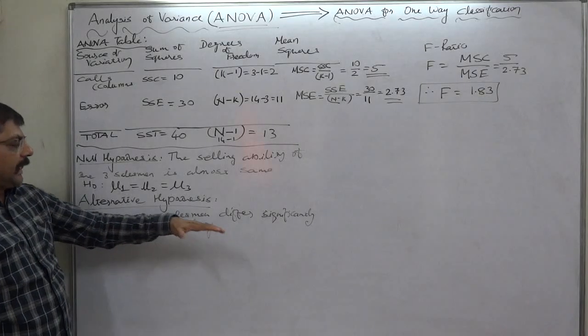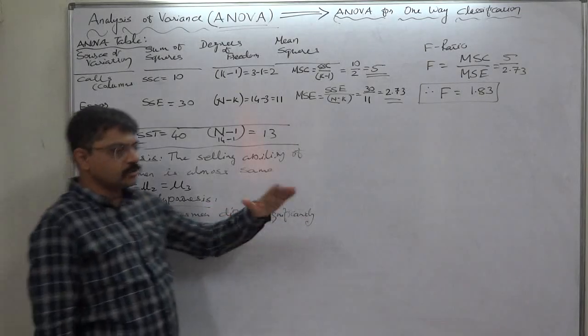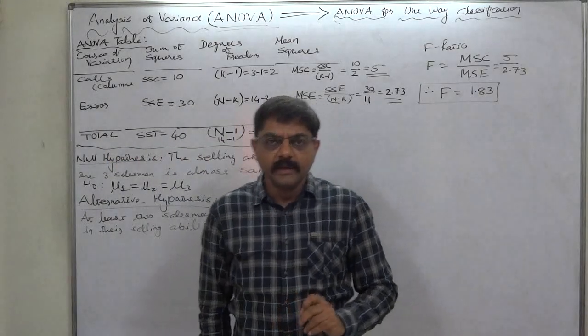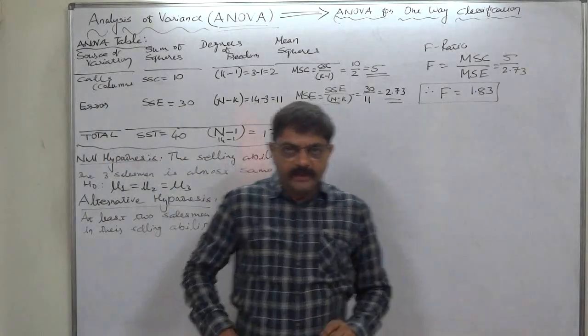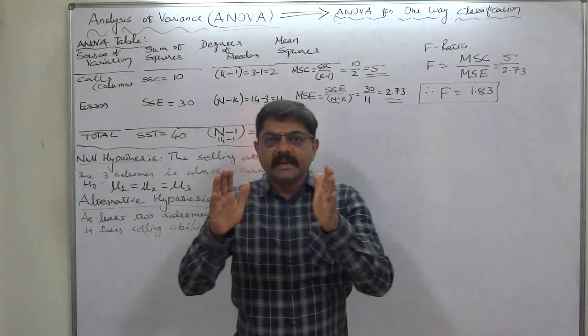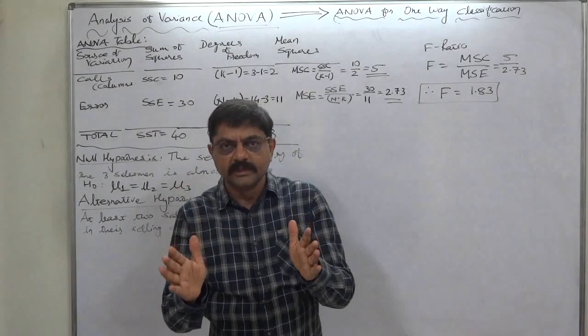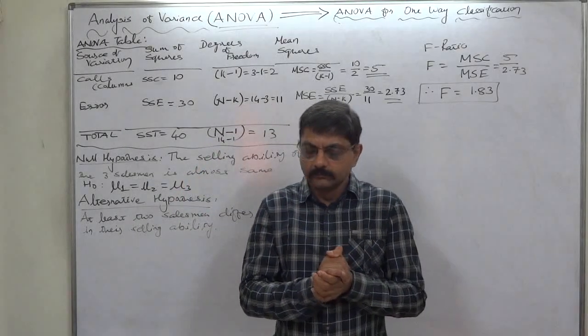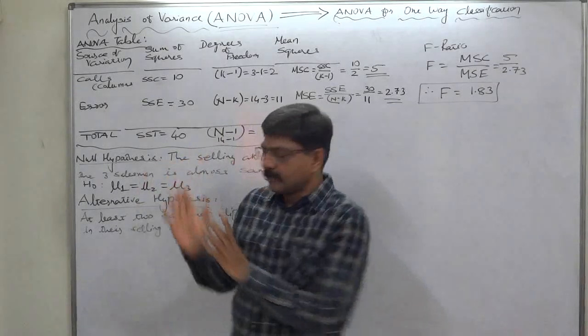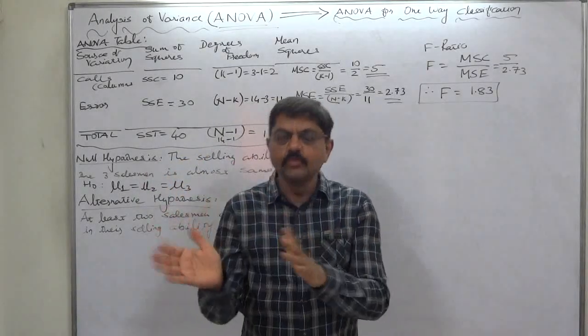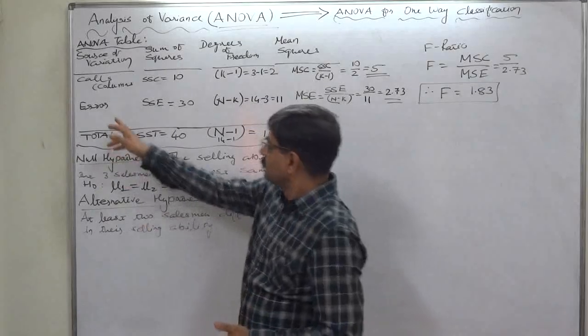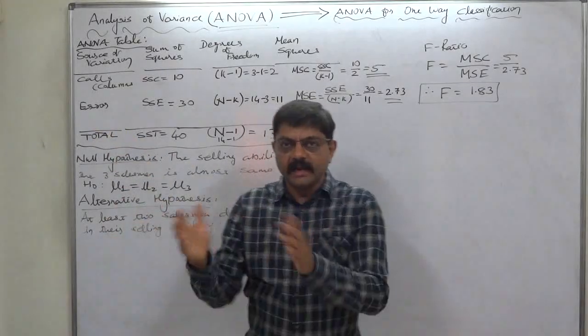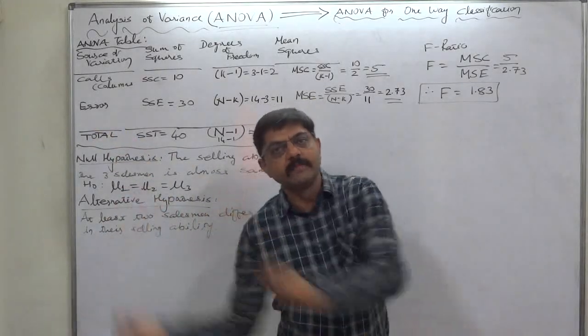The average sales of at least two salesmen differ significantly. That means at least two means differ significantly. Out of three here, at least two, that means any two or all the three. There is a difference between sales of A and B, or A and C, or B and C, or A, B and C, all the three.